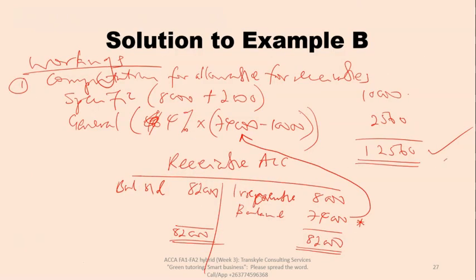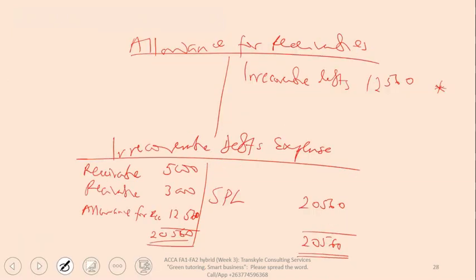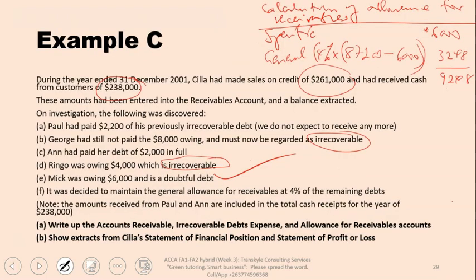But remember, we had a balance outstanding on this allowance. There was this figure here when we computed in the previous example, 12,560. Initially, the allowance was 12,560.